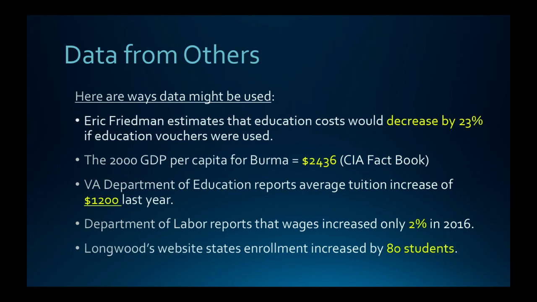One more, Longwood's website states enrollment increased by 80 students. In all of these statements, I can cite them at my last slide, but I've told you my data source as I've given you the data. So Longwood's website states enrollments increase. The Department of Labor reports wages increased.